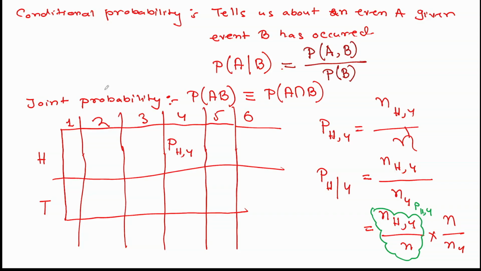This 1 by 12 number I gave is based on an assumption that these two are unbiased. But in a realistic scenario, you will not know what is probability of head, you will not know what is probability of tail, you will not know what is probability of 1 or 2 or 3 or 4, or any of these events, right.